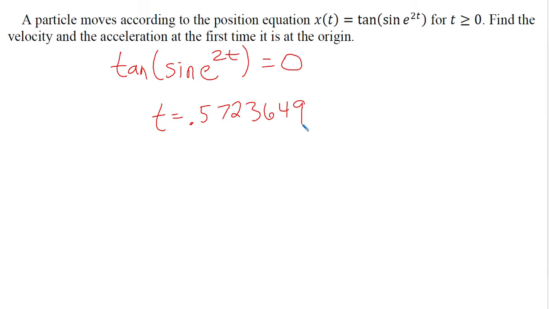And so then from there, what we need to do is figure out the velocity and the acceleration of it. The nice thing is that we can just use our calculator and say, well, we want the velocity at, and I'm just going to call this a, so that I don't have to keep rewriting it. The velocity at a is just equal to x prime at a. In fact, I can do that on my graphing calculator here.